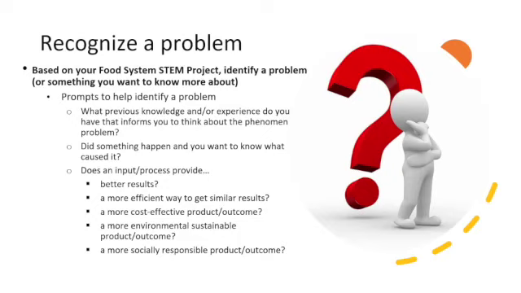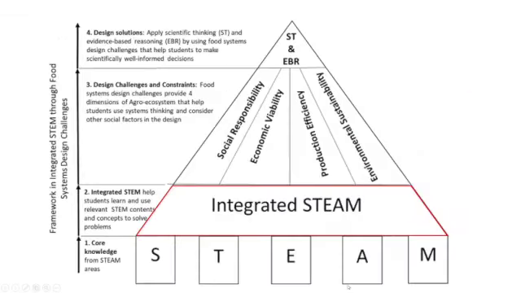And then lastly, is there a more socially responsible product or outcome that the consumers might find even more beneficial in alignment with the values that they have? So as we think about the problem, we are revisiting a model that we shared in some previous modules when we talked about integrated STEM.